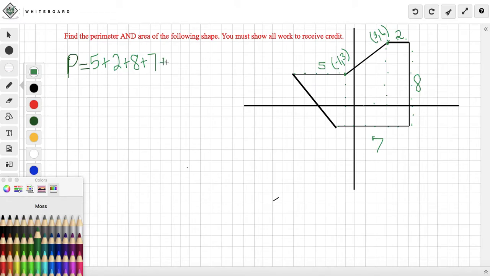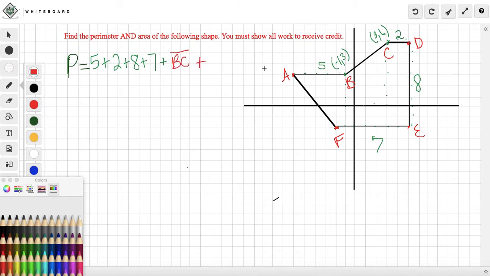We're going to have to find the distance between these 2 points and then between these two. And I did not label the points, so let's go ahead and label them just to make it easier for us to think. So let's do A, B, C, D, E, and F. Okay, so right here, I'm going to need the distance of segment BC.